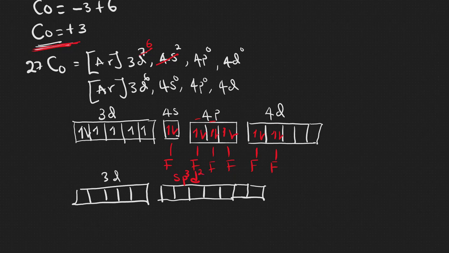So this is the new hybrid. Then we have the remaining boxes, 1, 2, 3, and this is our 4d.